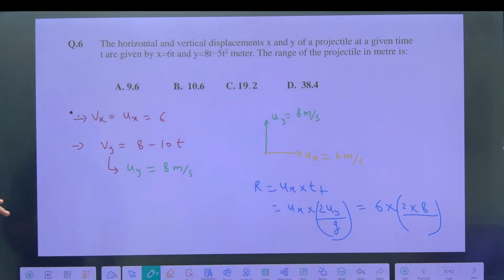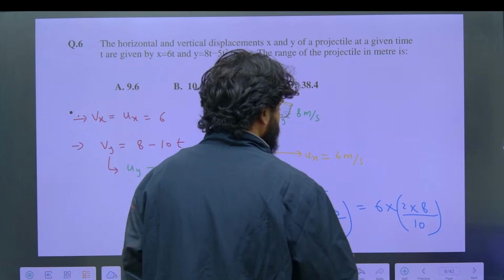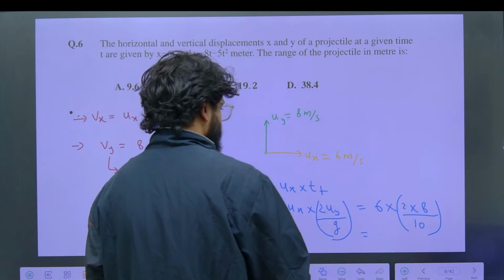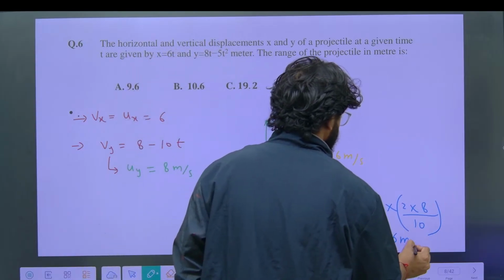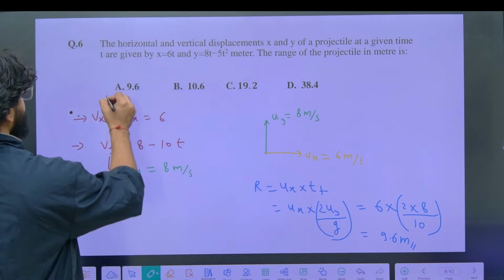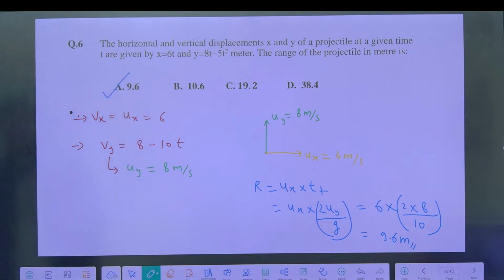They have not mentioned whether we should take g as 9.8 or 10. Let's take it as 10. So 6 times 16 is 96, and the answer comes out as 9.6 meter. That is the range.